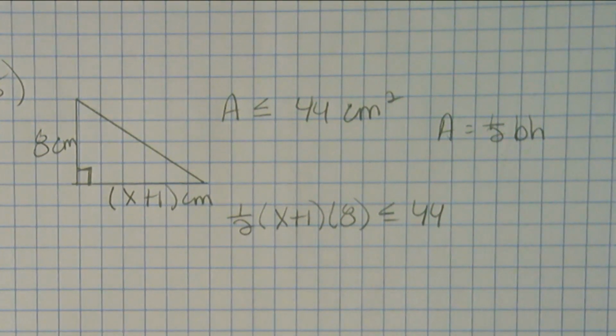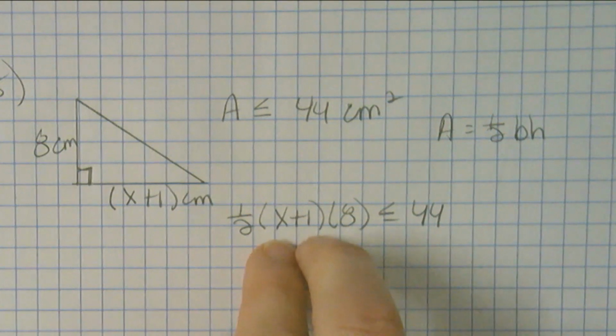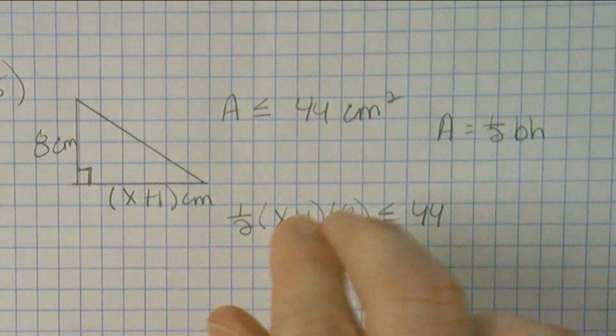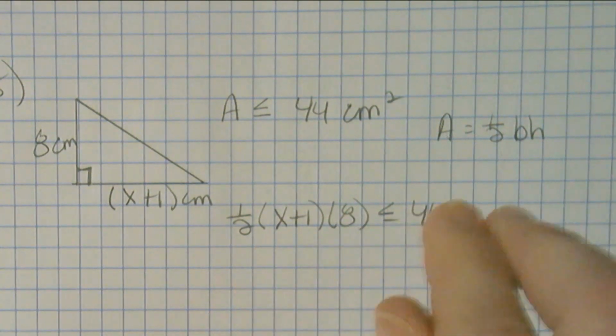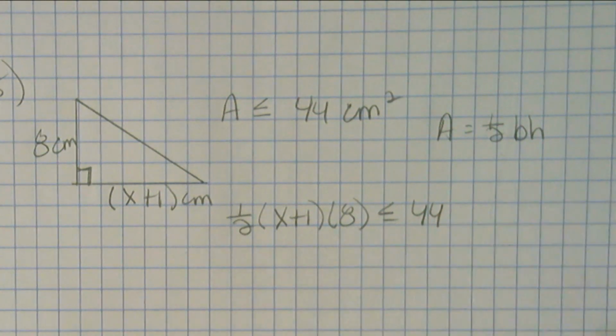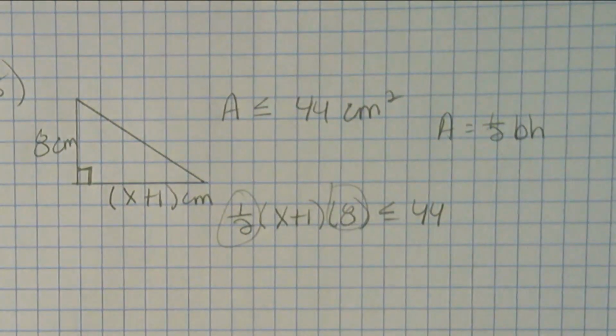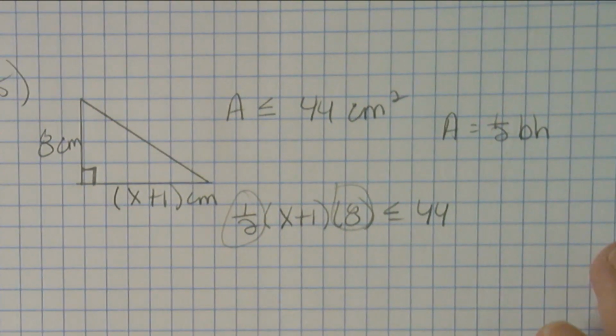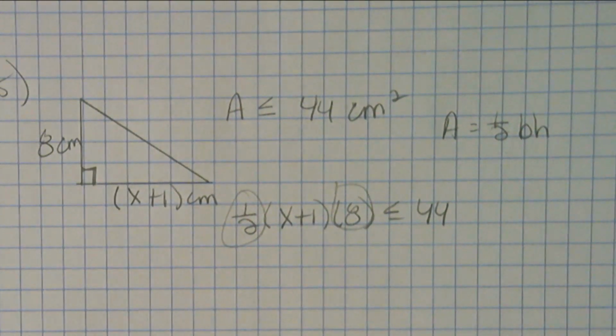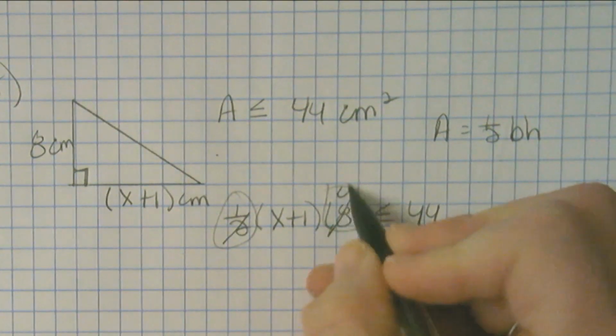Excellent. Okay. So now I can multiply, if this is 1/2 times the quantity of x plus 1 times 8. All right, I can do 1/2 times 8 first. How many of you guys recognize that I can do that first? I'm going to do that because I can divide out common factors.